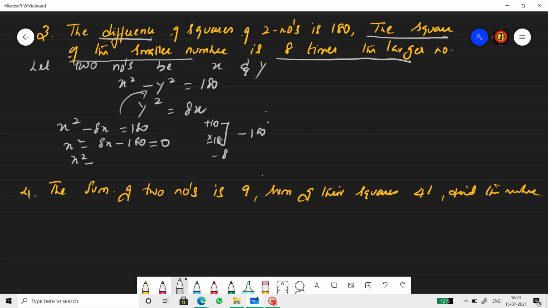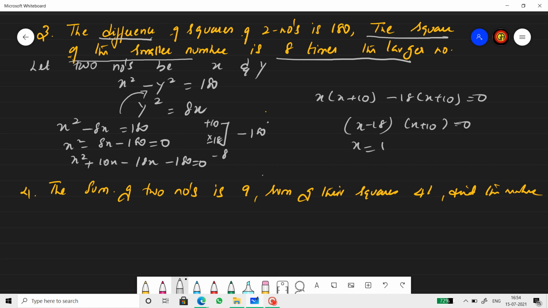So x square plus 10x minus 18x minus 180 equals 0. Group the terms: x times x plus 10 minus 18 times x plus 10 equals 0. So x minus 18 and x plus 10.